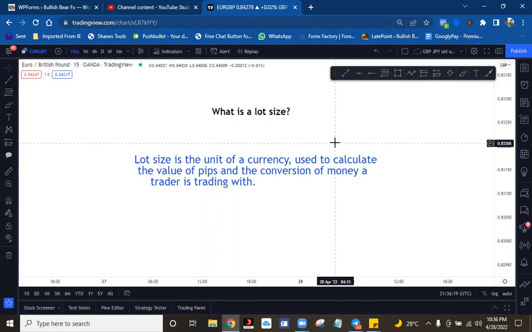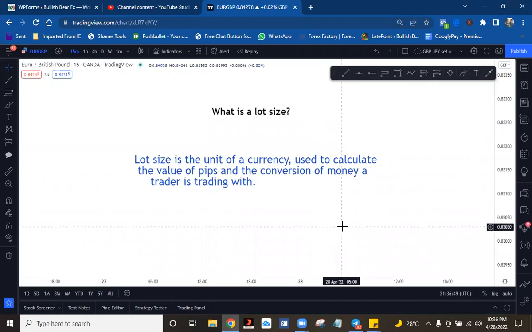It is a unit of a currency, be it GBP, JPY, or USD. So lot size is the unit of the currency that you are using to trade against the markets, and it is used to calculate the amount of pips and the conversion of the money that a trader is using to trade markets.